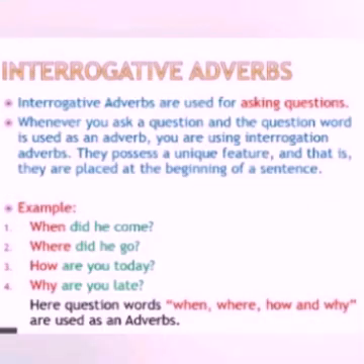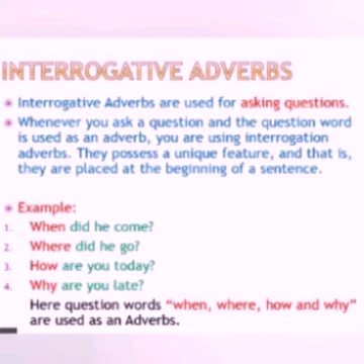Now let us move into the last kind of adverbs, interrogative adverbs. Interrogative means what comes to your mind? It is always asking a question. So interrogative adverbs are used for asking questions. Whenever you ask a question and the question word is used as an adverb, you are using interrogative adverbs.